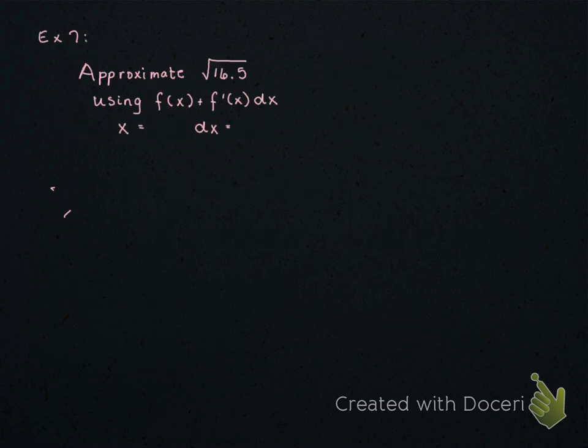Okay? Now, when we look at example 7, we are approximating square roots. Now, we could do the same thing that we did in Newton's method. We could say x is equal to the square root of 16.5, then square both sides, move the 16.5 over, and set it equal to y.